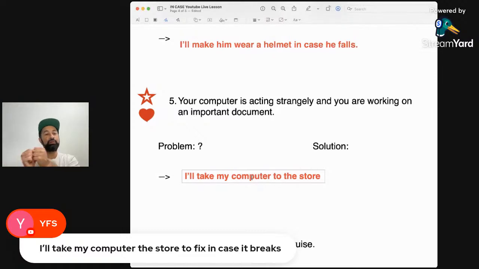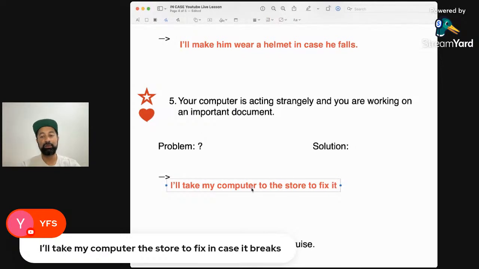Whenever anything is moving directions, whether it's take or go, if you're talking about another location, we need the preposition to. So you go to the store. You take something to the store. So I'll take my computer to the store to fix it. What are you fixing? You're fixing your computer.